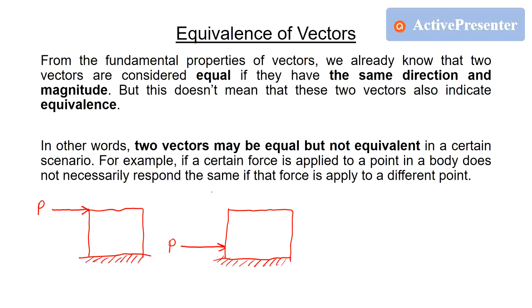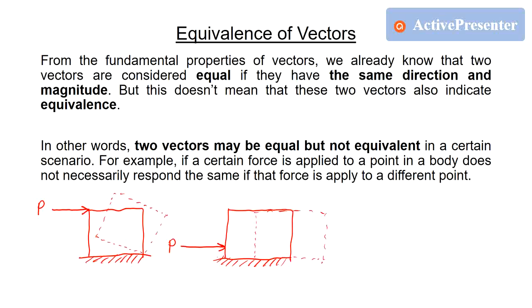In the first box, if the force P is applied to it, the box may tip like this because of the effects of the force P applied to it. In the second one, the box may go to the right or slide through the floor because of this force P applied to it.